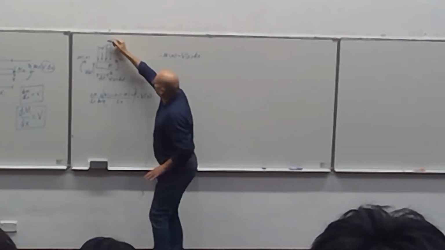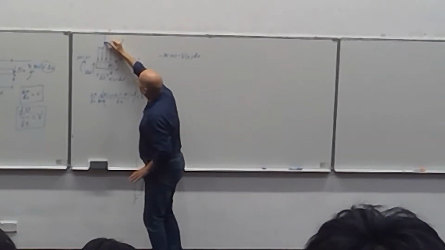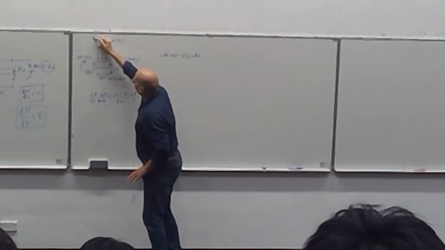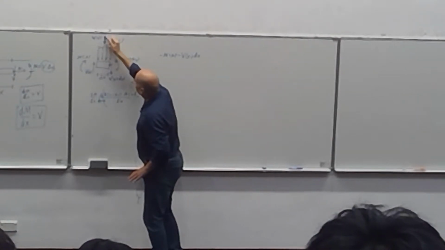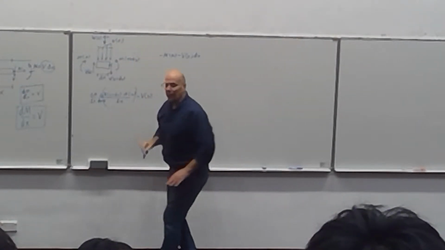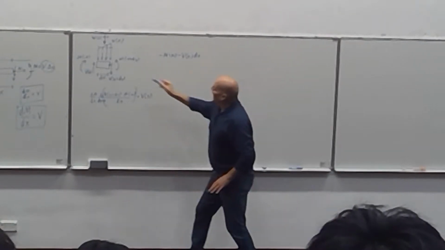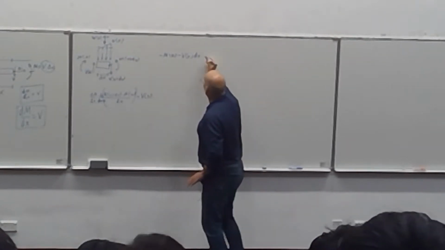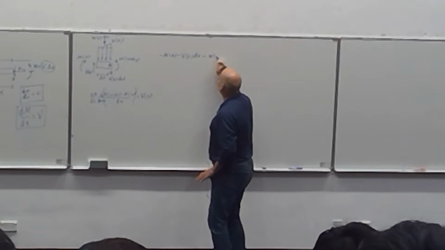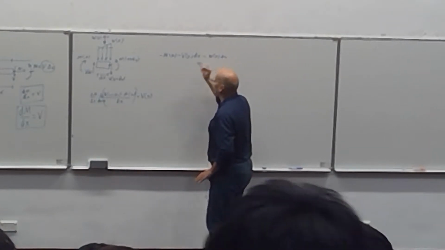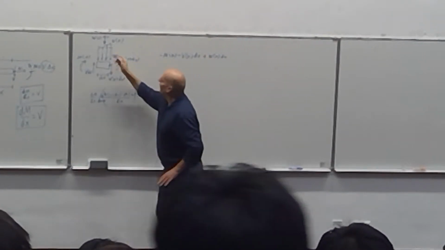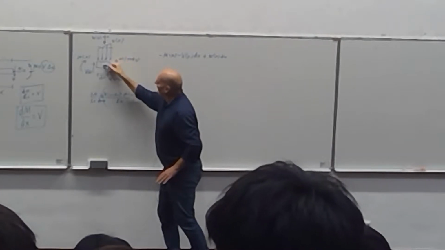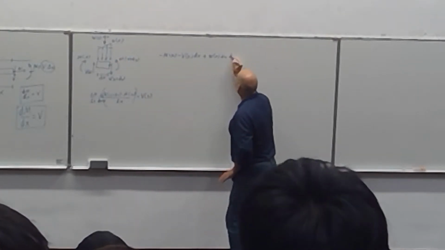So the total load here coming down is how much? w of x times dx. This is the total load coming down. And the moment around this point is positive, in this direction, w of x dx times the distance dx over 2.